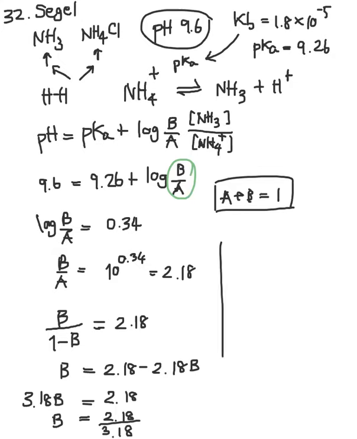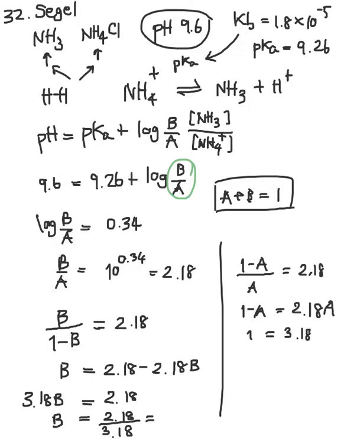If you want to solve for A, you have to change B in terms of A. So you will get 1 minus A divided by A equal 2.18. Again, for A here, then 1 will be equal to 3.18A.